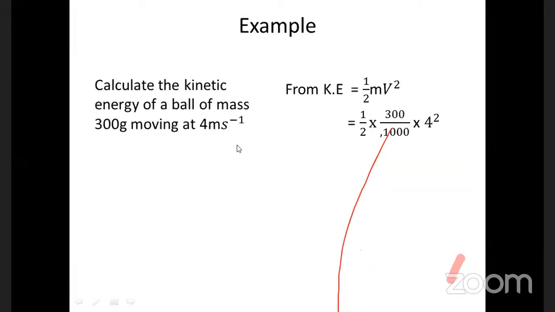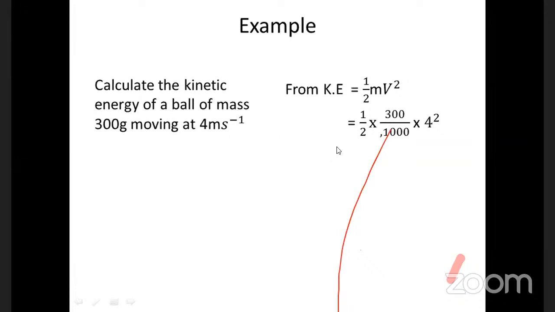So when you square it, you say it is 4 squared. Sometimes they will not say the body is moving with a velocity of this. What now helps you to know that this is velocity? The unit. It is important in physics to know the units of the physical quantities, because sometimes in the calculations, the units will be so important.